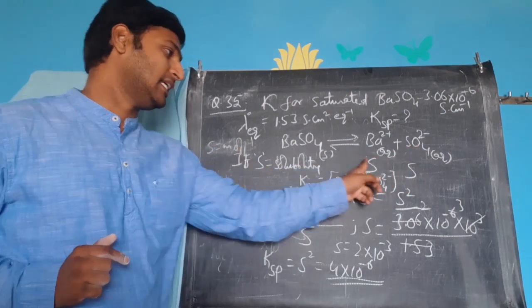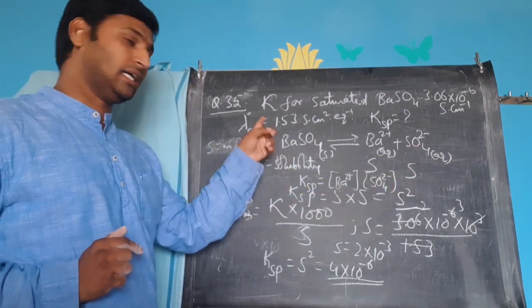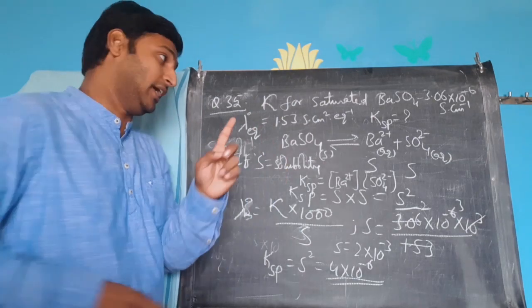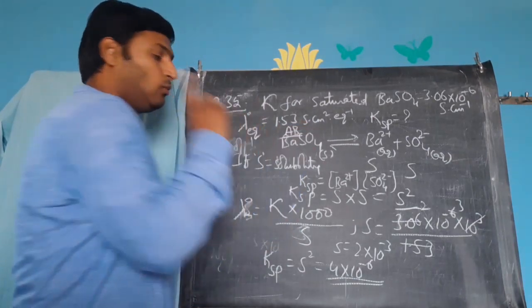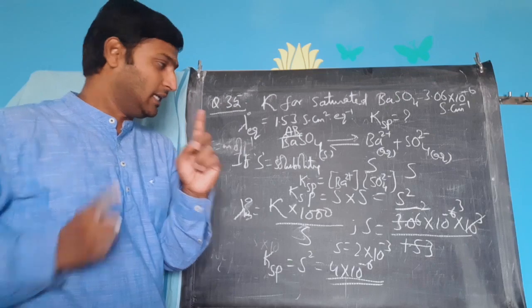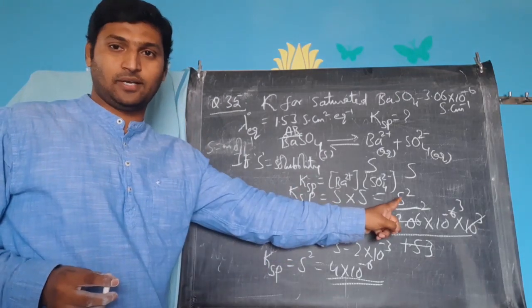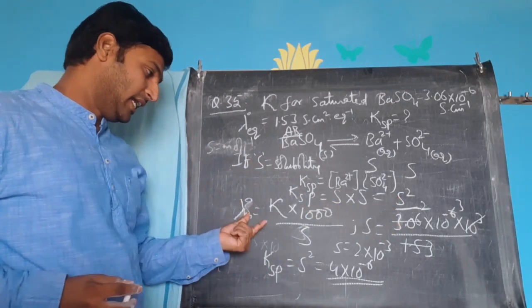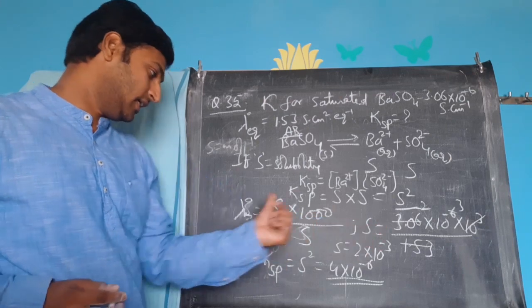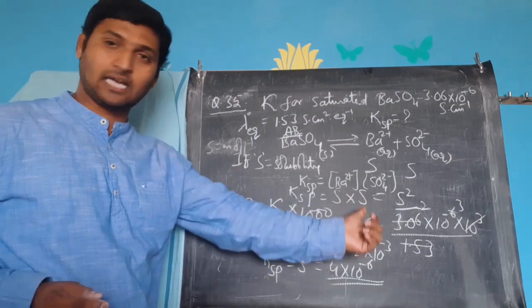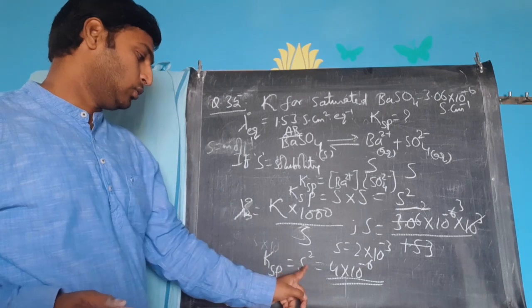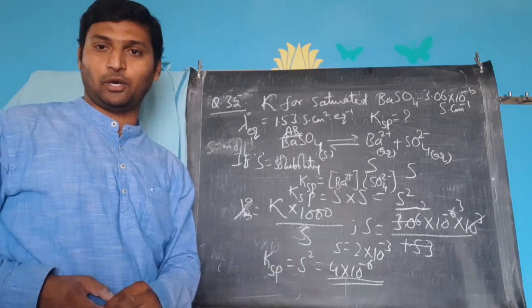So for S moles, S moles each is formed. So for AB type salts like barium sulfate, KSP will be equal to S square. From applications of Kohlrausch law, we calculated solubility using limiting equivalent conductivity and kappa value, and then took the square of solubility to get the solubility product.